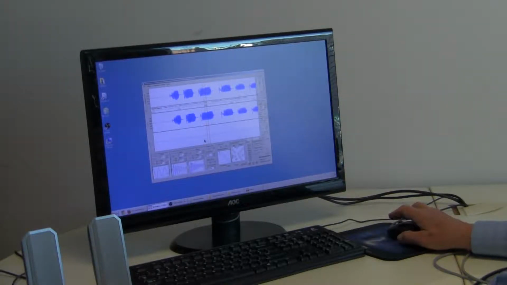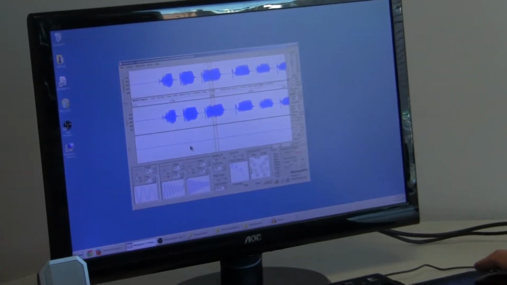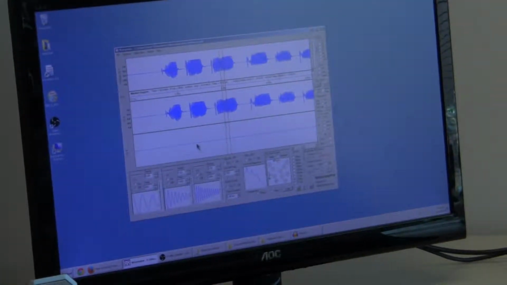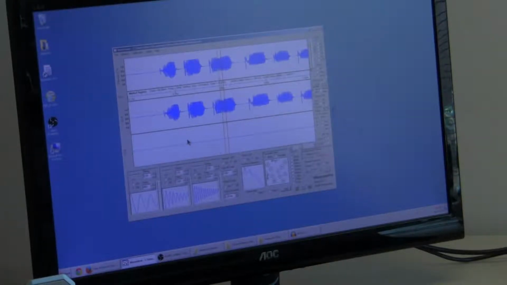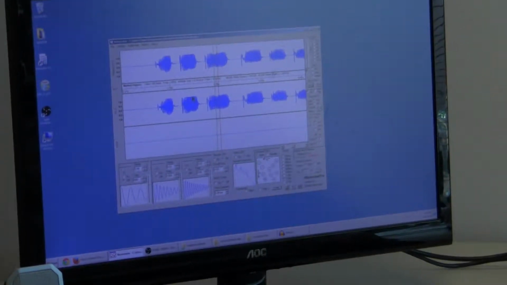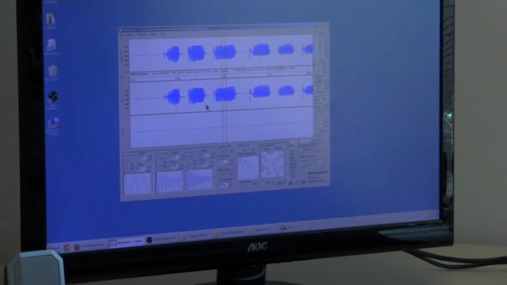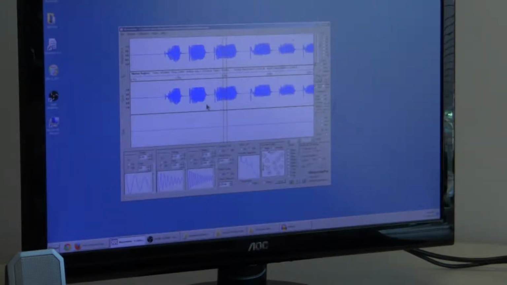Now, I'd like to point out that there is a problem in this recording, and we'll get around it, but you should be aware that if you look at the center pa, it's flat at the top, and this is because the signal was recorded slightly too high.